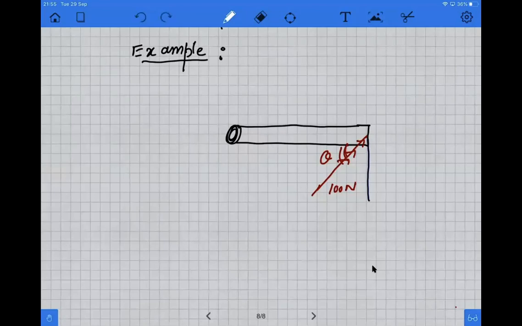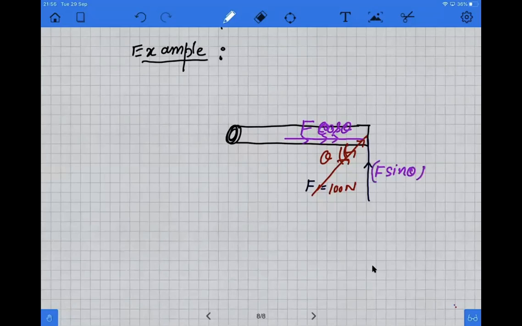So if you resolve the force with respect to theta, this force is F, and if we resolve F into its components, F will be resolved into F cos theta, and the other component, this one, will become F sin theta.